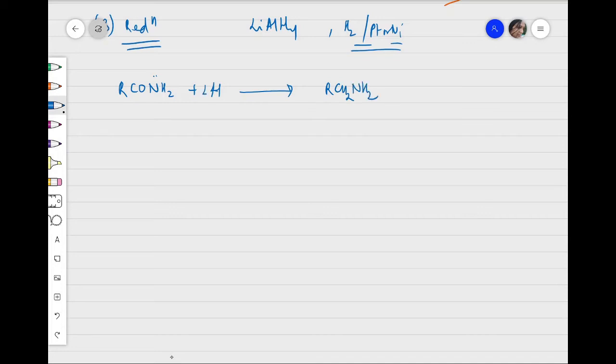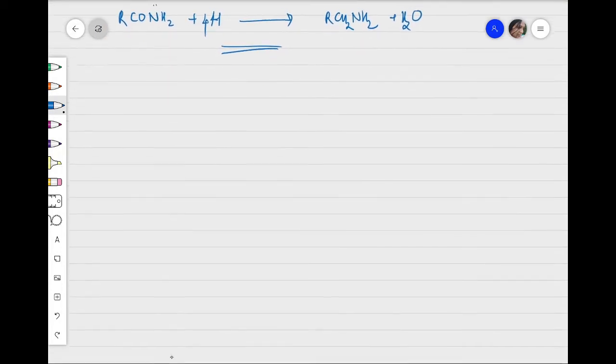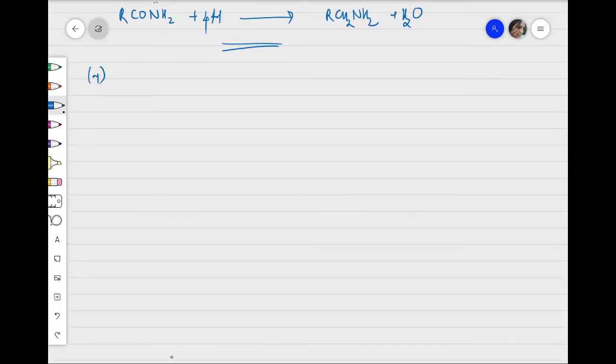Okay, so I need 4H here and water. So this is the typical reaction that you will see for any alkyl or aryl amide, and I'll get the corresponding amines.